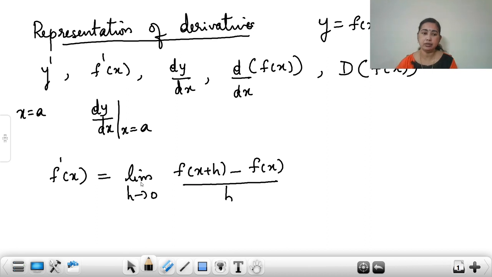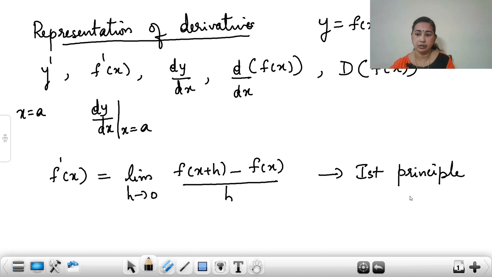There is no need to study how we get this formula. You only have to study this formula, and this method we call the first principle method, or first principle derivative.